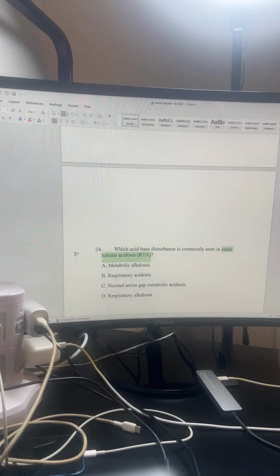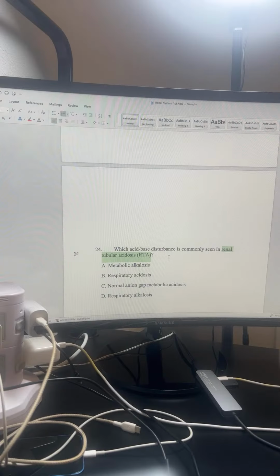We know it's going to be one of the acidoses because the question already told us. So put an X beside alkalosis. We have respiratory acidosis and metabolic acidosis to think about. And if we know that it is renal, we're thinking along the line of metabolic acidosis.